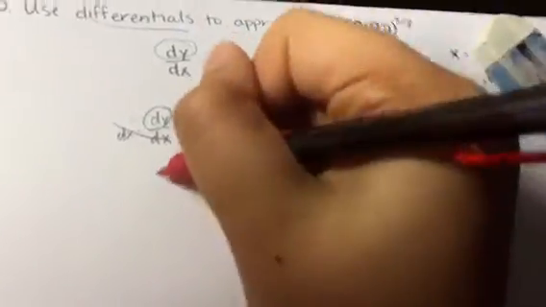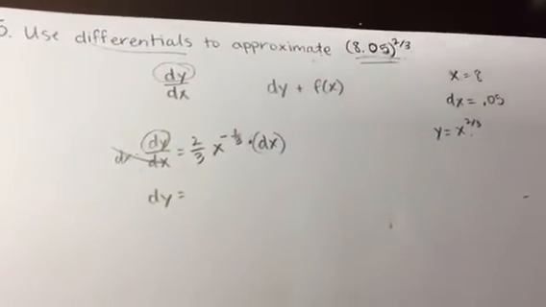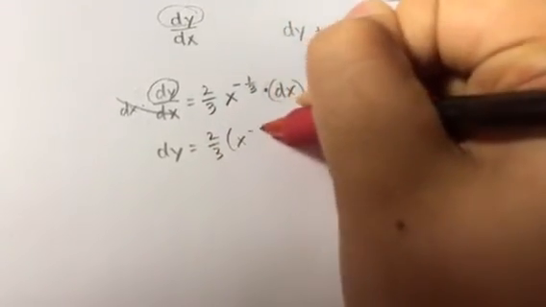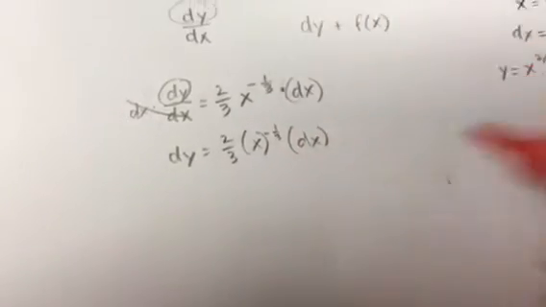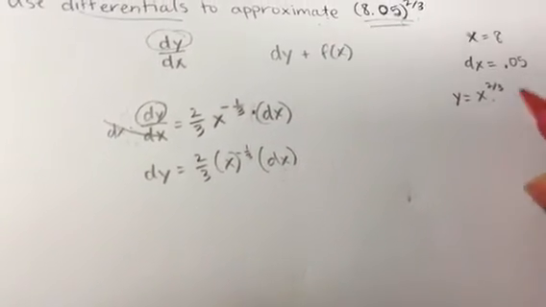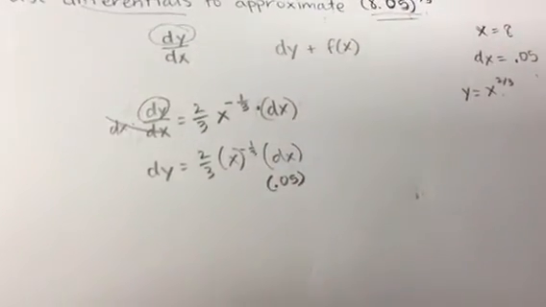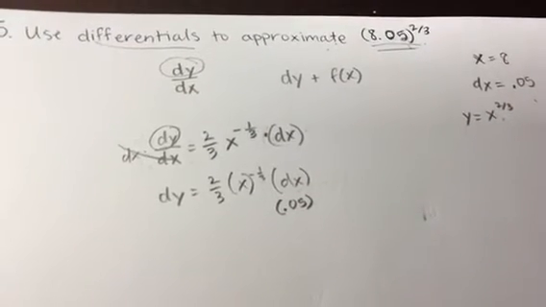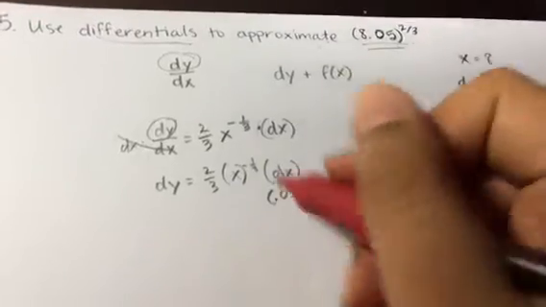And then from here, we can start plugging in the information we have. So 2/3 x to the negative 1/3 times dx. So dx we know is 0.05, and then x we have as 8.